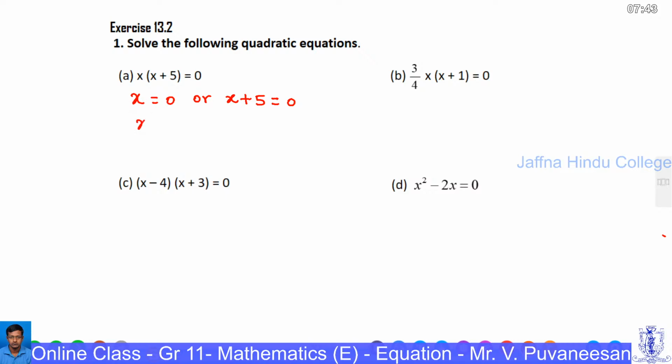X is equal to 0. If x plus 5 is equal to 0, we can say x is equal to minus 5. Here 0 and minus 5 are called the roots of this equation.